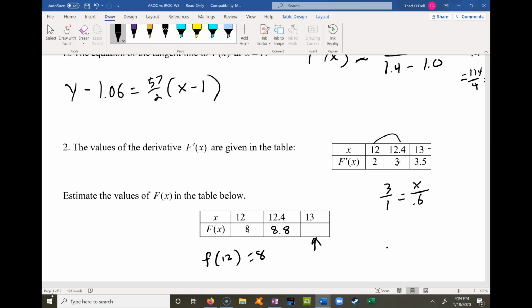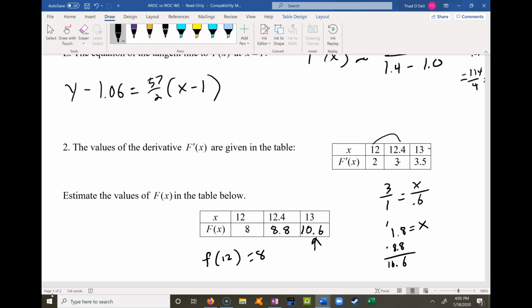And I'm trying to find out how much I should go up in the y direction. So that's going to be what? 1.8 is equal to x. So then I would add 1.8 to this. So that'd be 9. So I'd add that to 0.8. And that would be what? 10.6. So my prediction is this would be 10.6.